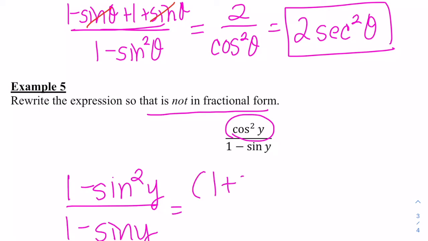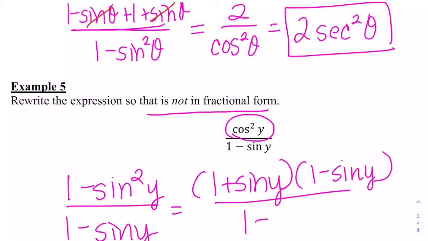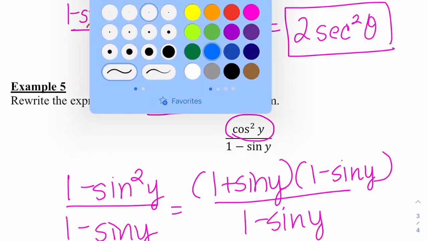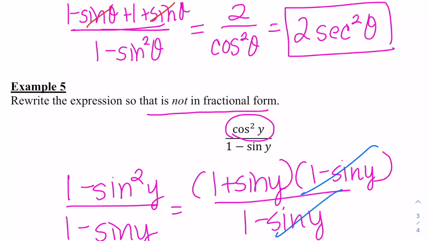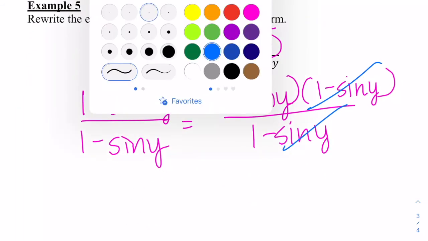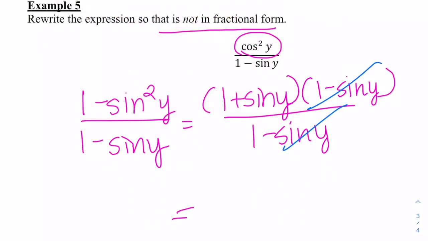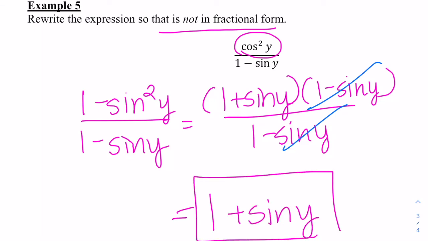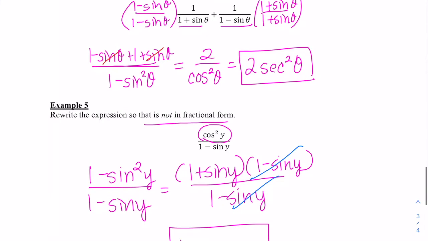So we have 1 plus sine of y, and then 1 minus sine of y, over 1 minus sine of y. And you can see right away the 1 minus sine of y is going to cancel in the numerator and the denominator, and you'll just be left with 1 plus sine of y. So using all those algebraic skills helps us simplify these expressions.